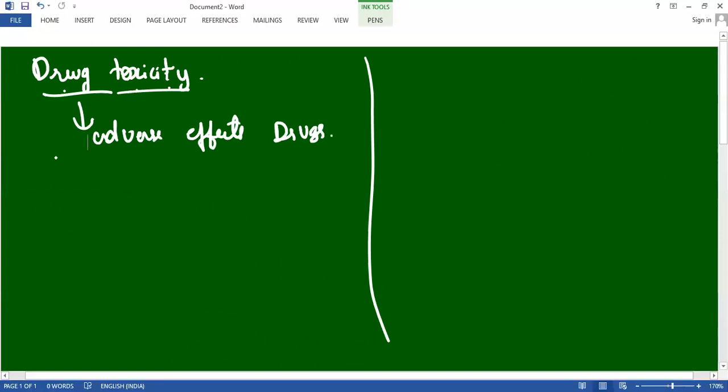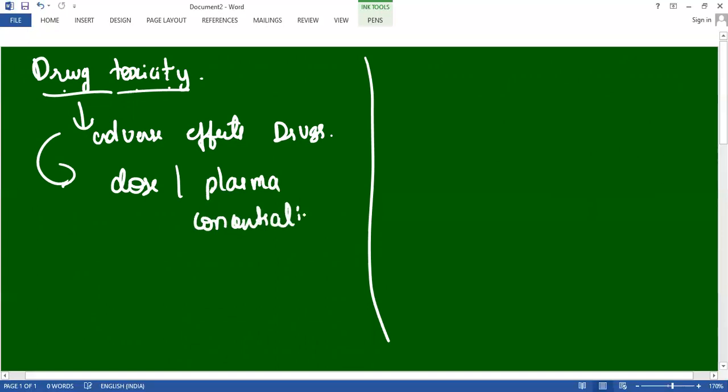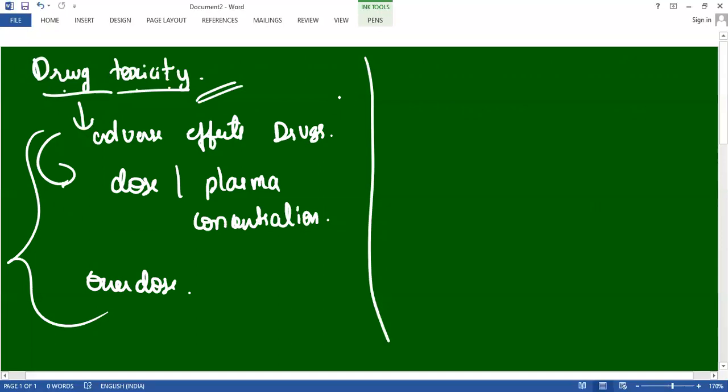This may be because of a dosage problem or the plasma concentration in the patient, either unintentional or intentional overdosage. Through this, toxicity may happen.